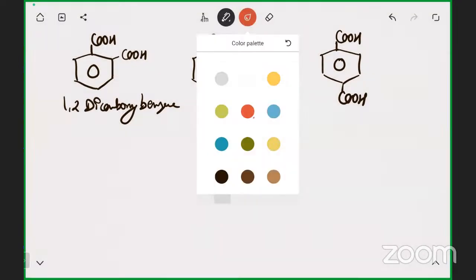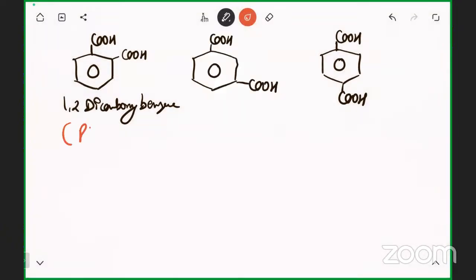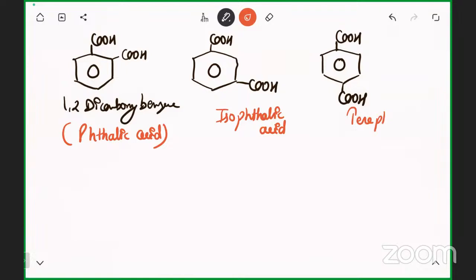This is important. This is phthalic acid, PHTHALIC. This is isophthalic acid. And this one is terephthalic acid. See, cute names: phthalic acid, isophthalic acid, terephthalic acid.